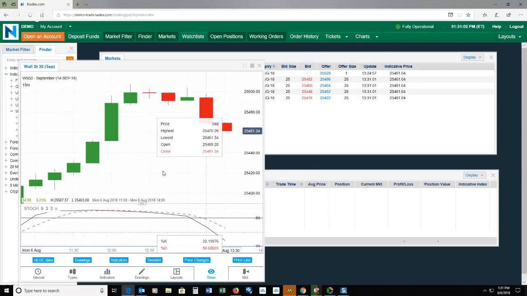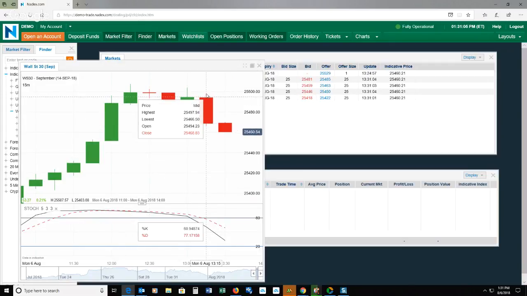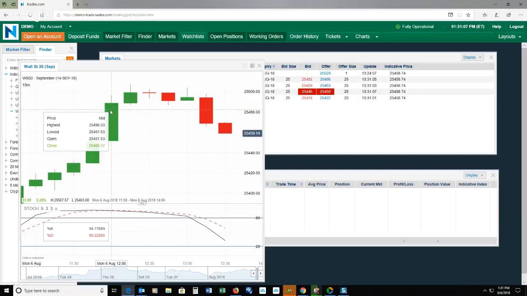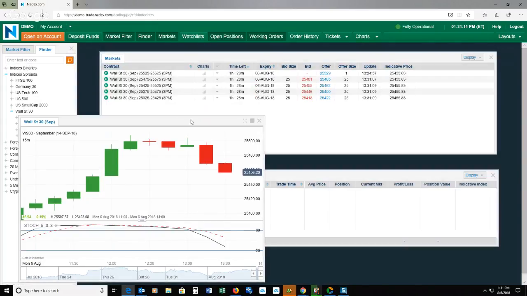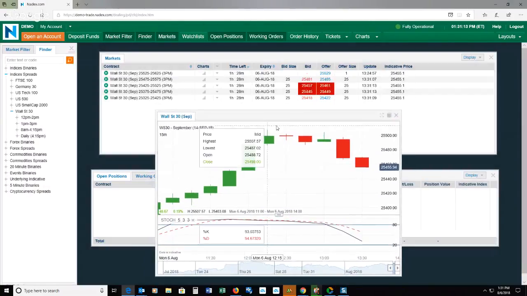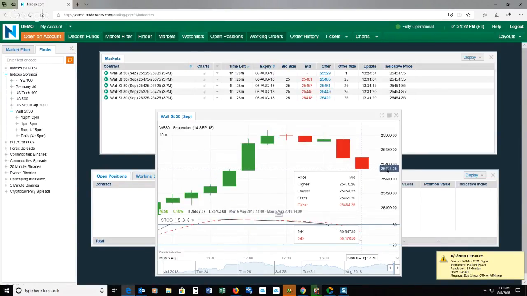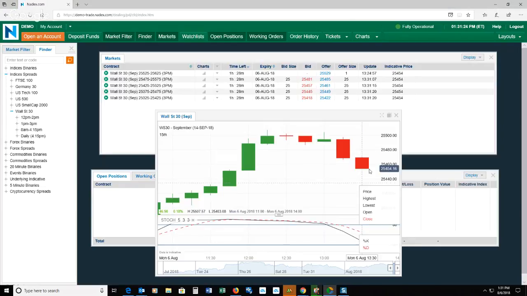So we're moving about 15 points with the exception of this bar, probably in this one over here. Now, in this case, it looks like it's going down. So I'm going to wait until I believe it's going up. And in the meantime, I'm going to be analyzing these spreads.